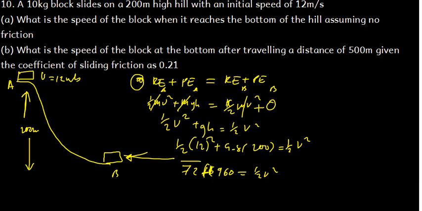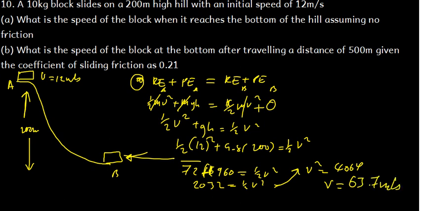If I add 1960 plus 72, that's 2032, and that will be equal to half v squared. To remain with v squared, I cross multiply 2 times 2032, which gives 4064. So the velocity, we take the square root of that value, which gives 63.7 meters per second for the first question. That will be the velocity at the bottom.